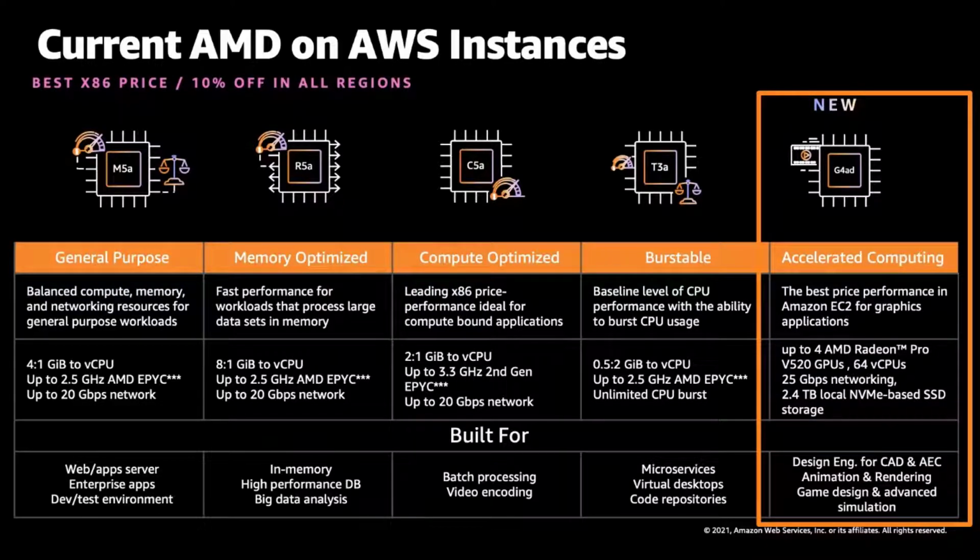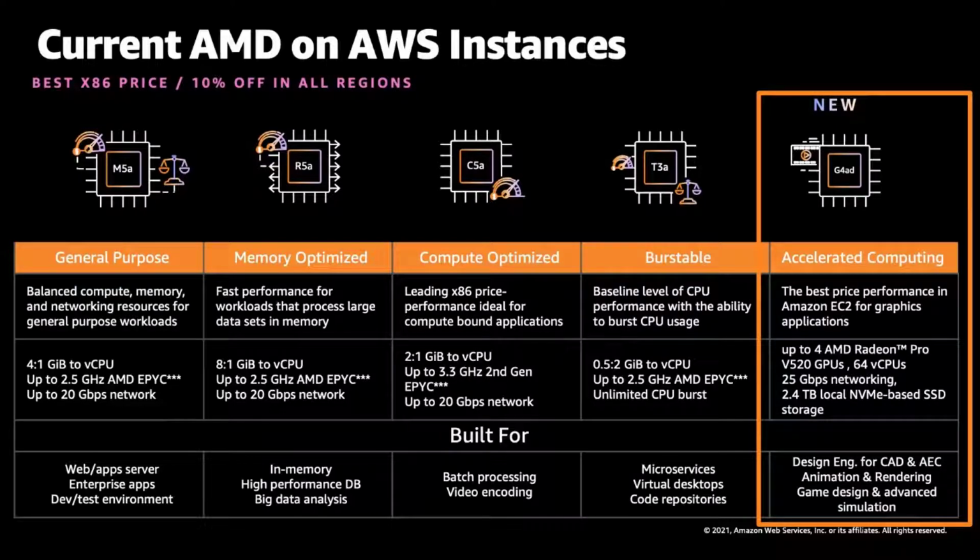Our final compute-based instance is the T3. This is also known as our burstable instance. The T3 instance, like the M5 and R5 instances, is available on the EPYC 7001 or Naples generation processor. Finally, today, we're going to focus on the G4AD instance.